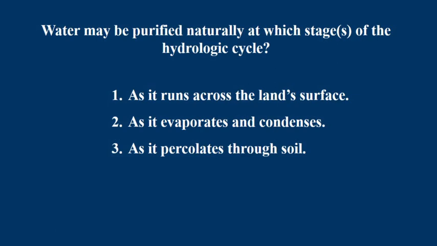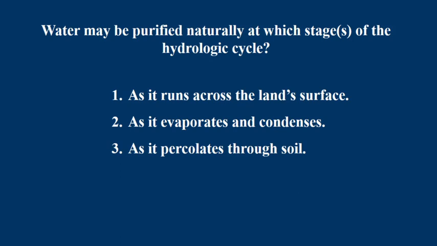All right, so we have to purify water in order to drink it, obviously, but water is purified naturally at which stage or stages of the hydrologic cycle? Well, actually, it can get purified at any of these. As it runs across the land surface, in slow water, sediment can settle out of it, right? And that's a way to purify it.